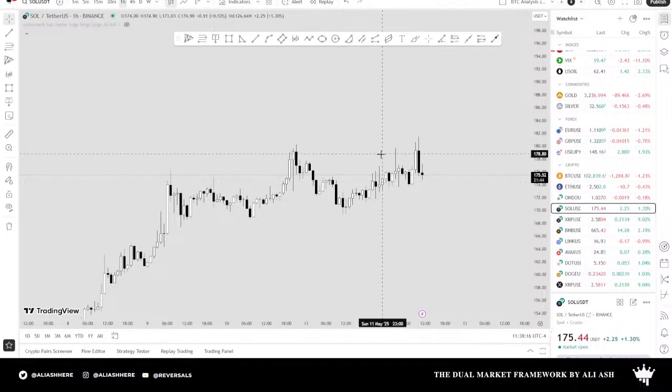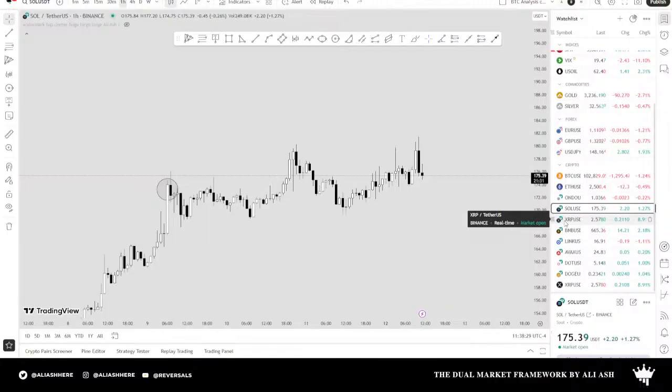So with this, we have a head and shoulders pattern. I'll try to give analysis for altcoins as well moving forward. My favorites are Solana and XRP, so these will be the first priorities.